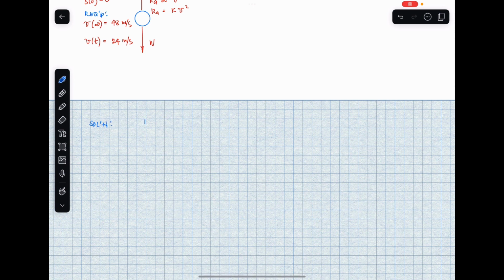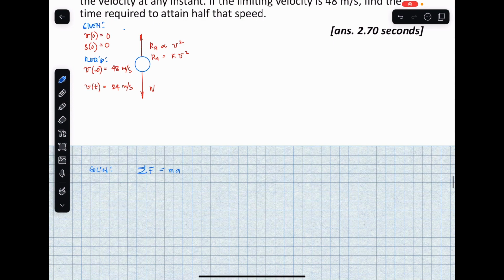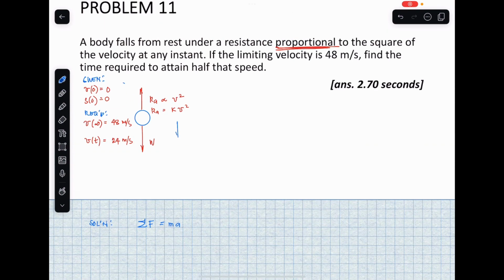For our solution, we start with the summation of vertical forces equals mass times acceleration. Since the motion is going downward and the weight is going downward, anything in the direction of acceleration is positive, and anything opposite is negative.